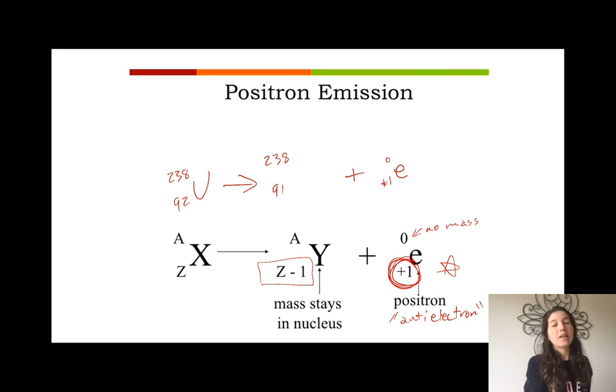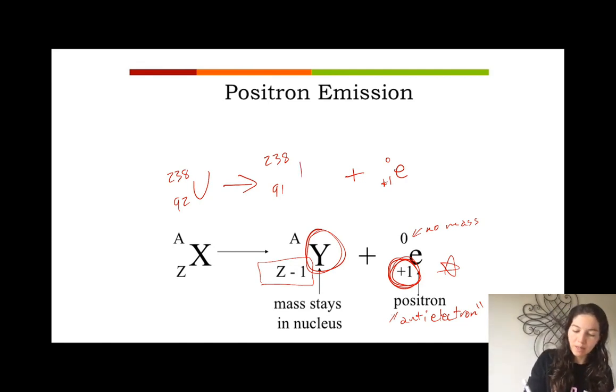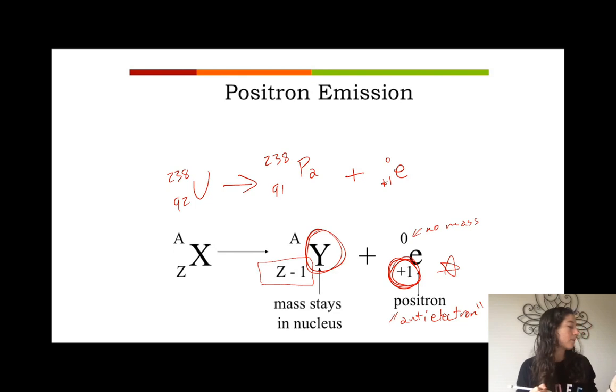So we'll want to go to our periodic table to find out the identity of this Y. What element is that? Here it's protactinium, which is represented by a Pa. That's the chemical symbol for it. So it's Pa-238. That is an isotope. The mass of protactinium on the periodic table is usually 231. So this is an isotope of that element that's formed via positron emission.